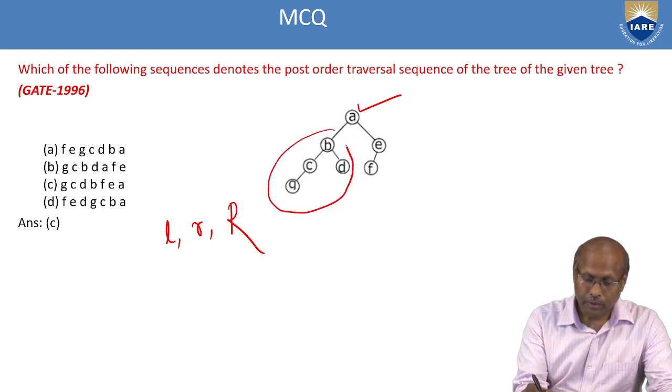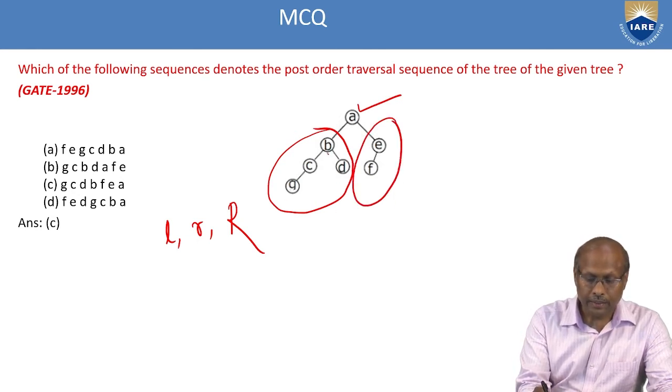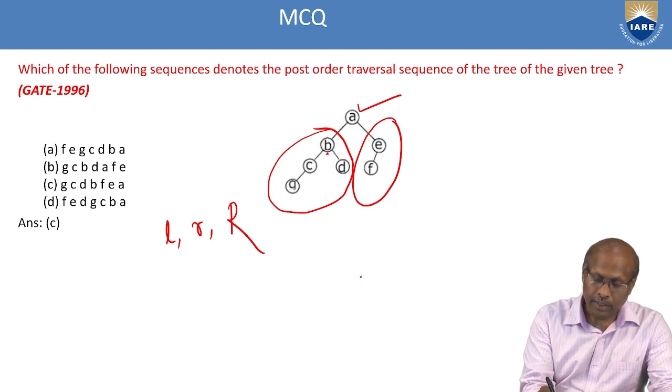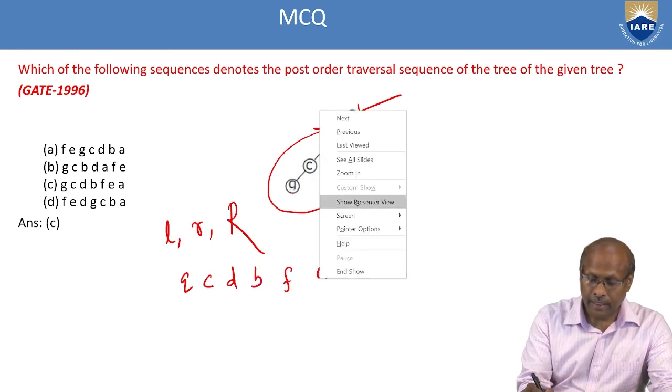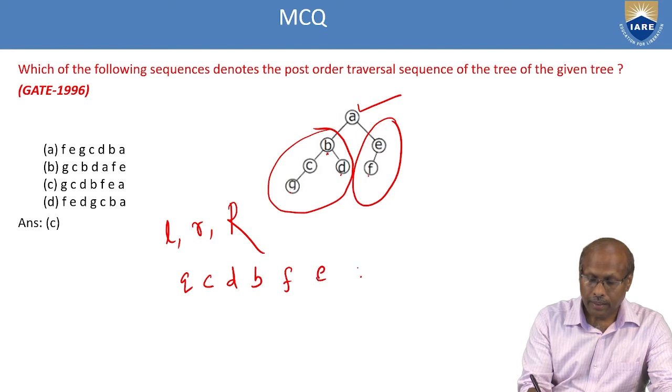First you come to left and then right and then root. Again in this tree, the B should come last. So A will be last. So here first G, then no right, C, then D, then B, then F, E, then your A.